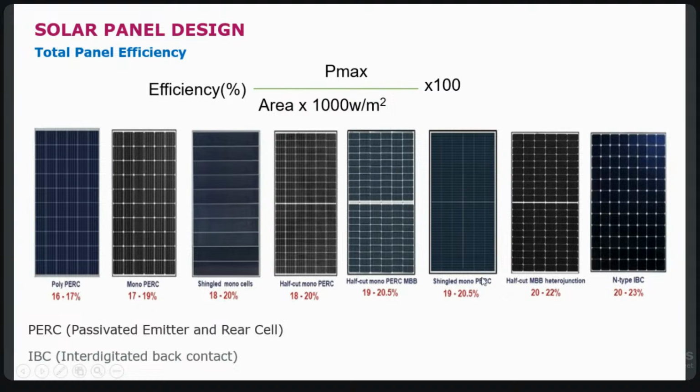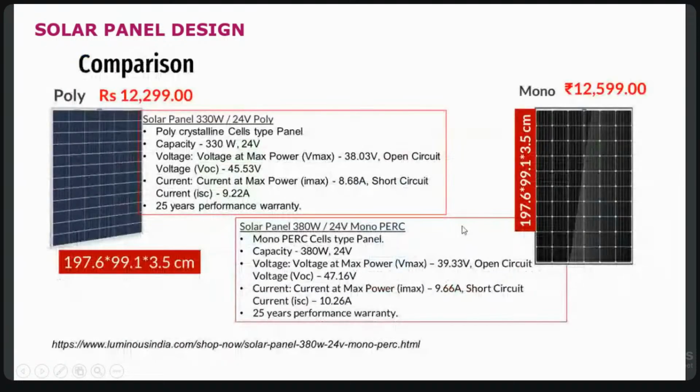The higher panel efficiency is in mono PERC, that is passive emitter and rear cell. When you compare, I actually took data from Luminous India. There are two types, already told, poly and mono. Both are the same size, 196, 99, 3.5 centimeter.